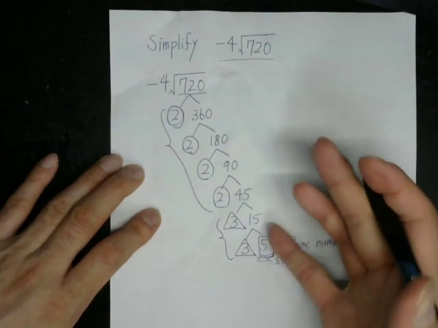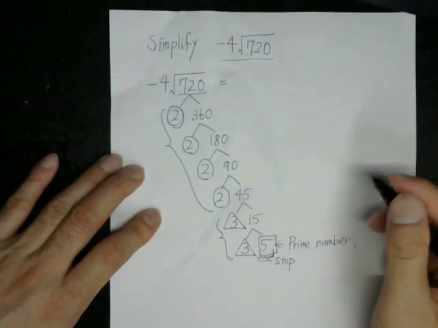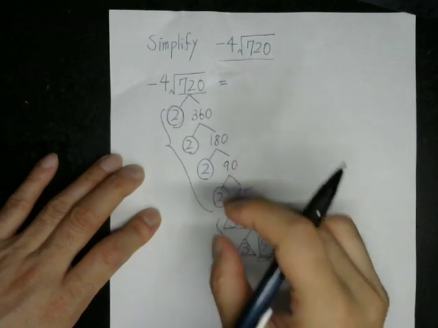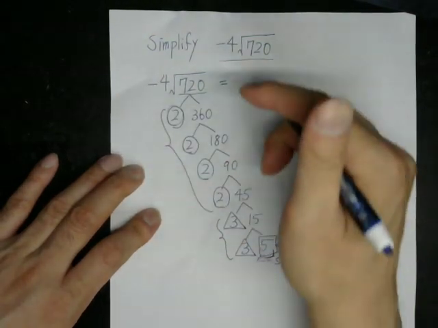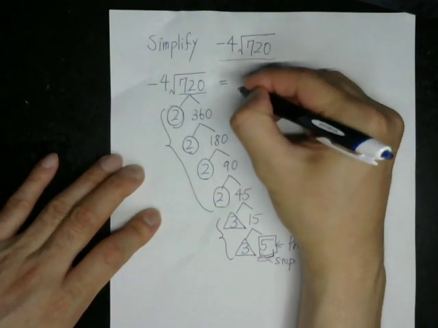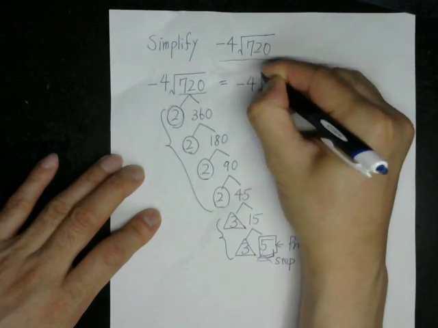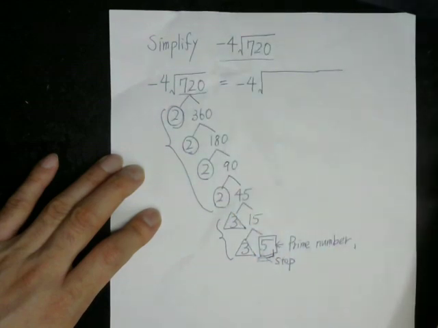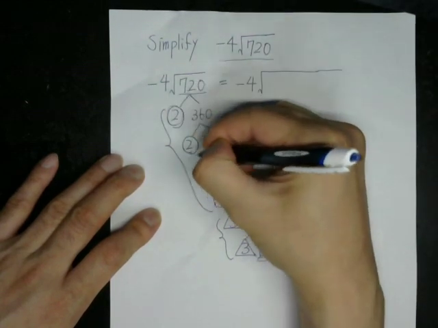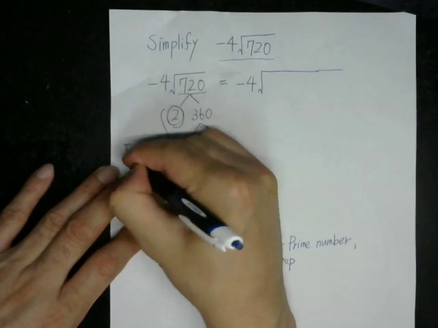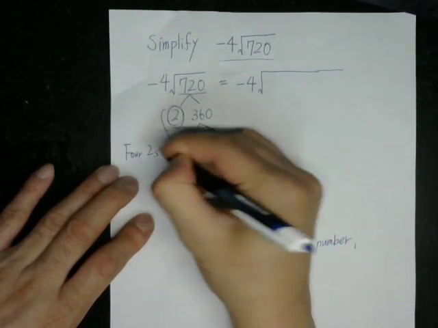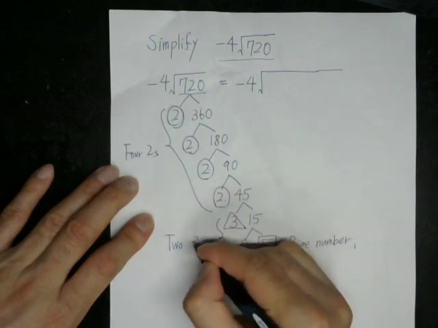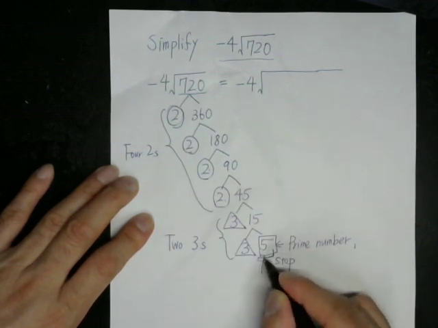The name of the game in simplifying square roots is to pair up the same number, matchmaking. So we've found that 720 can be rewritten as 4 2's, 2 3's and 1 5.